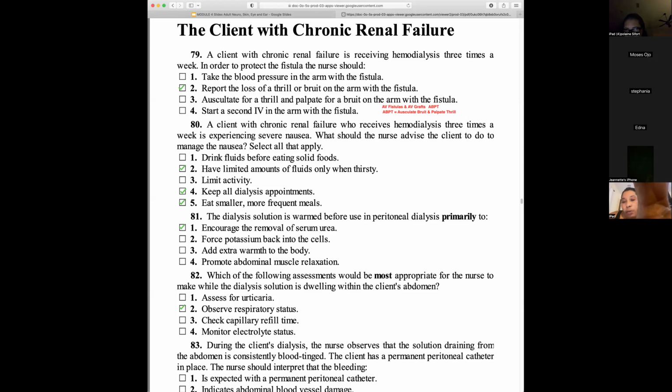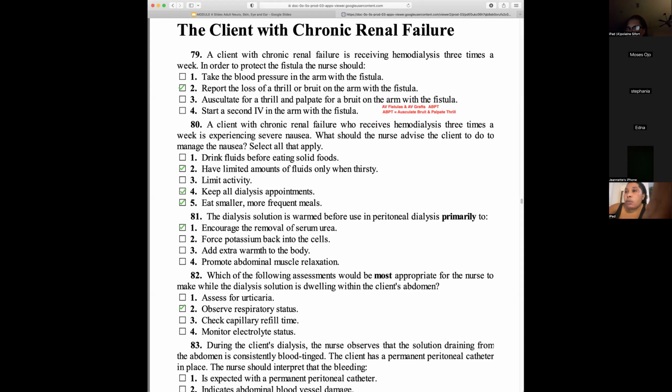When somebody is on peritoneal dialysis, because 82 is talking about peritoneal dialysis, right? Because it's talking about the solution dwelling in the client's abdomen. So when we put that fluid in the abdomen, do you think that at that moment it's important what their potassium level is, or is it more important to know their respiratory status, how they're breathing?